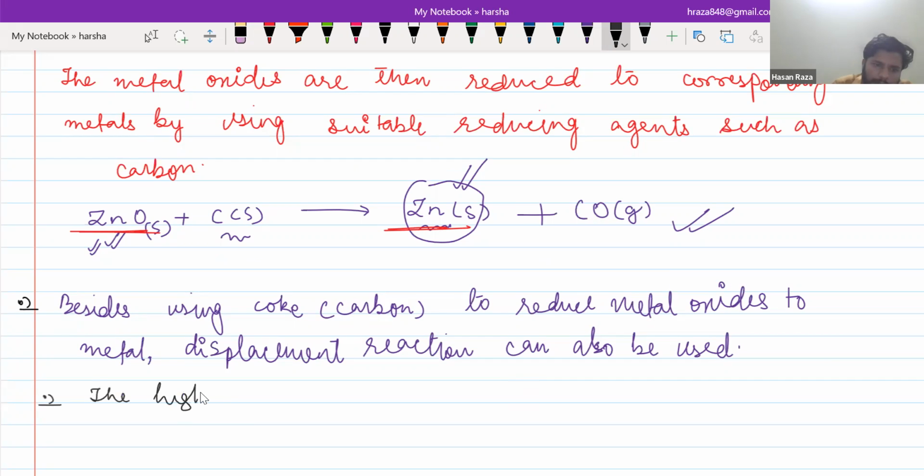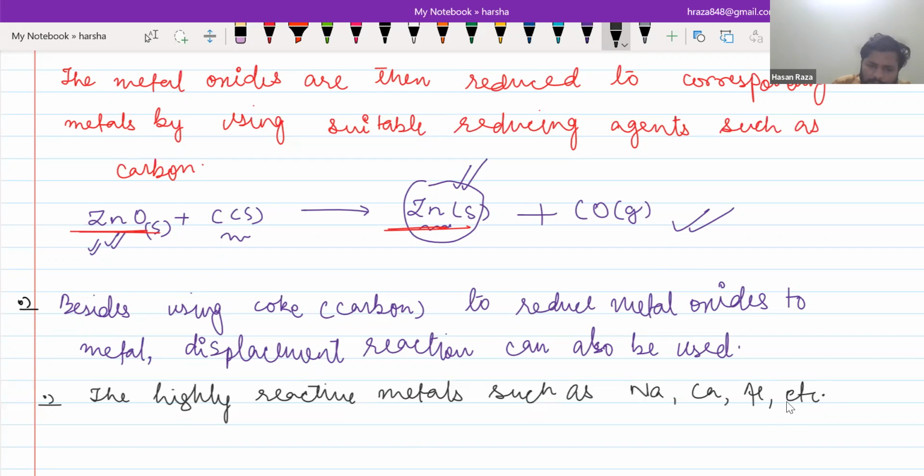The highly reactive metals, as you know, examples such as sodium, calcium, aluminum, magnesium, etc. Basically these are used as reducing agents.